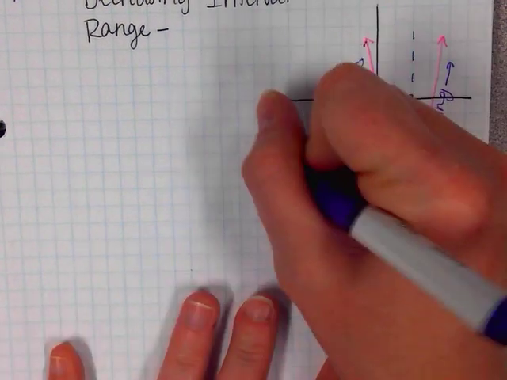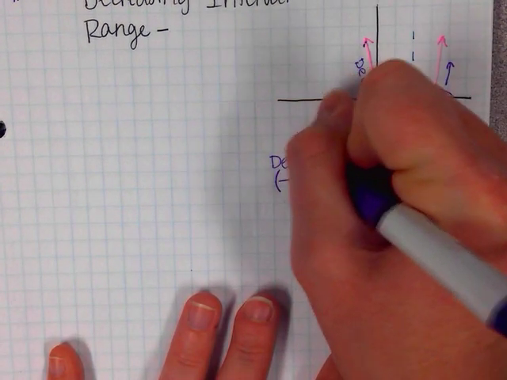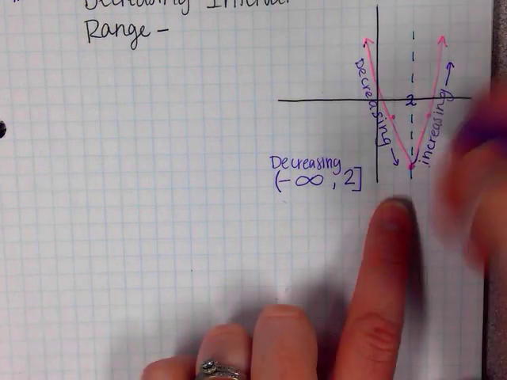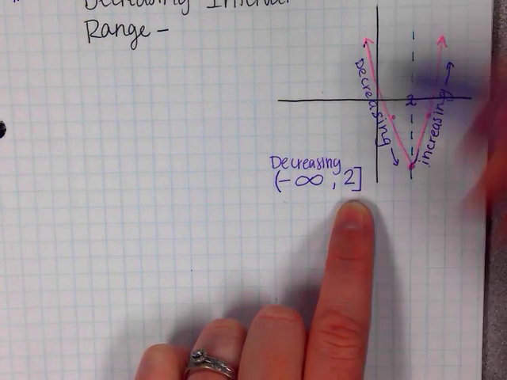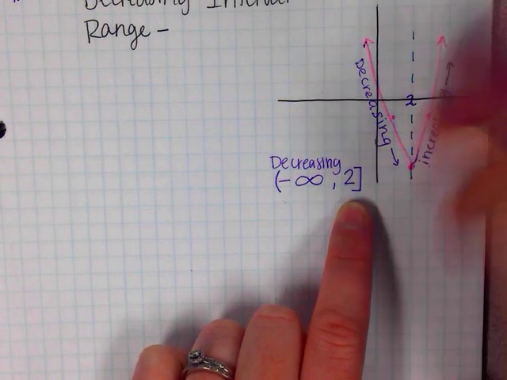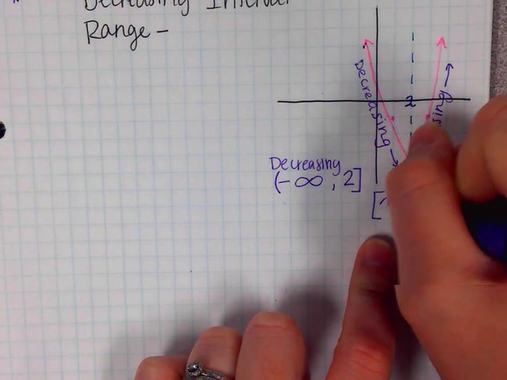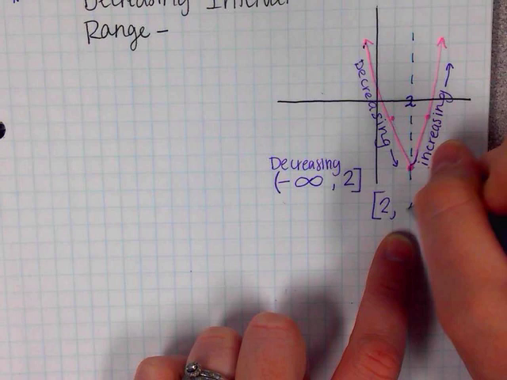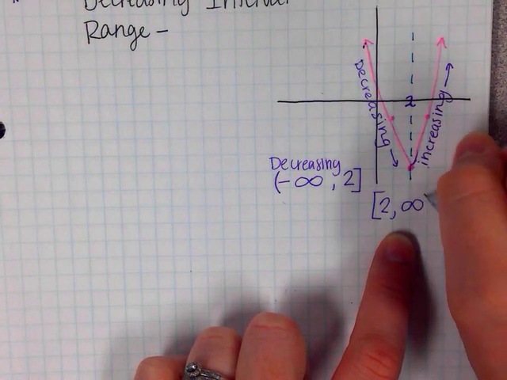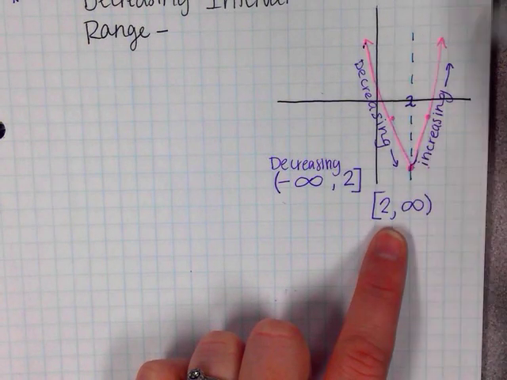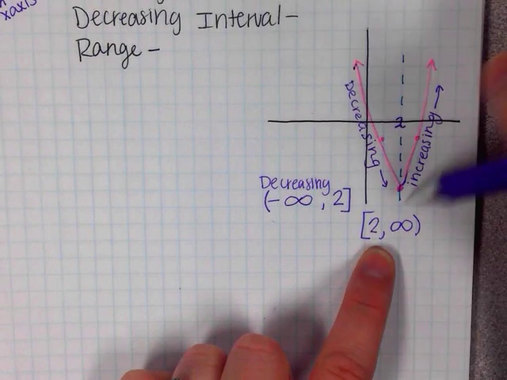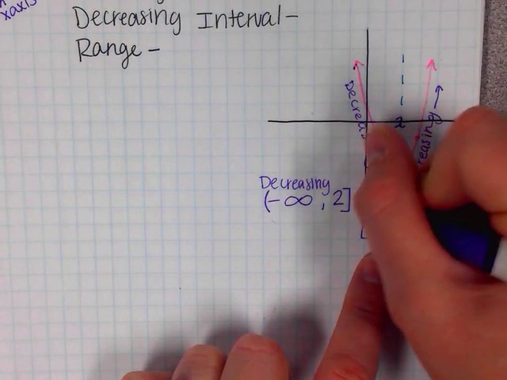And where it stops decreasing is where it starts increasing. So it would be from 2 to infinity, because from here on it's always increasing.